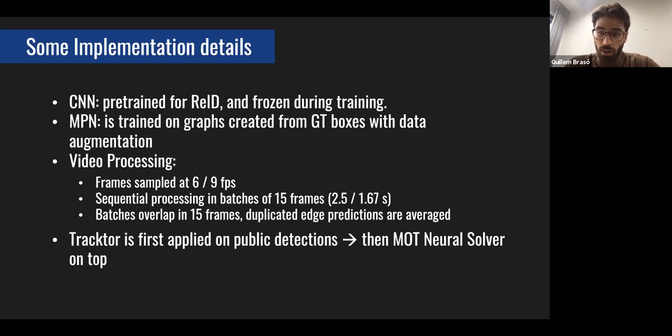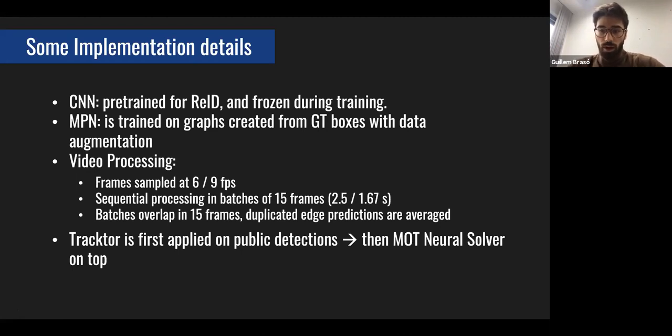What we do though is that for these frames where there's some motion blurring, detections will not be great, especially the public detections. And this is kind of a matter of luck. When we choose one out of 6 or out of 9 frames, maybe you get unlucky and choose a frame which is not great.